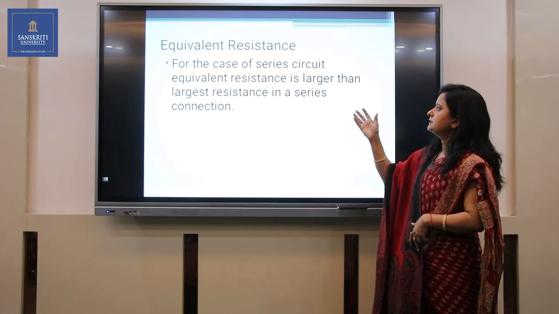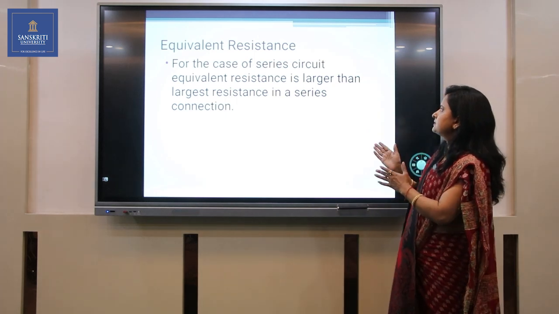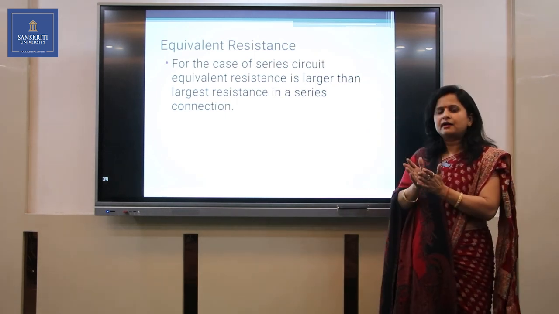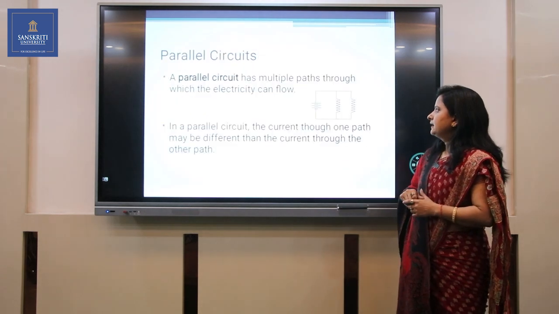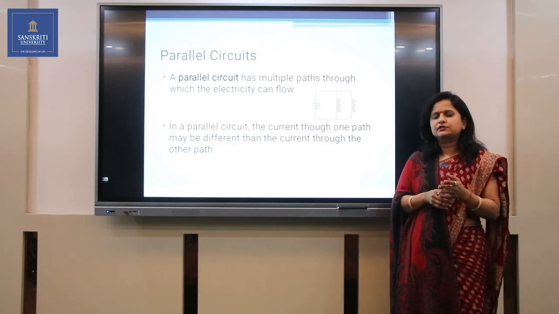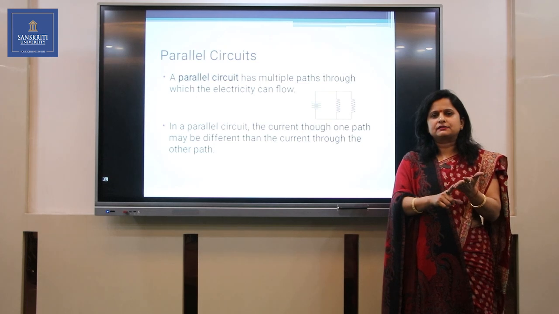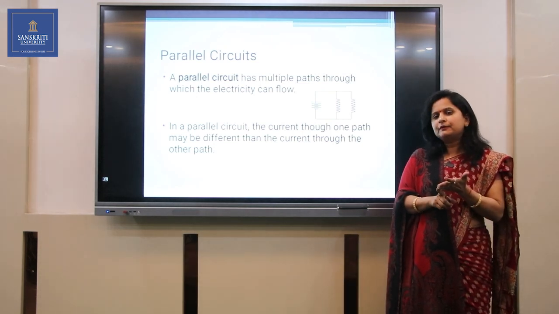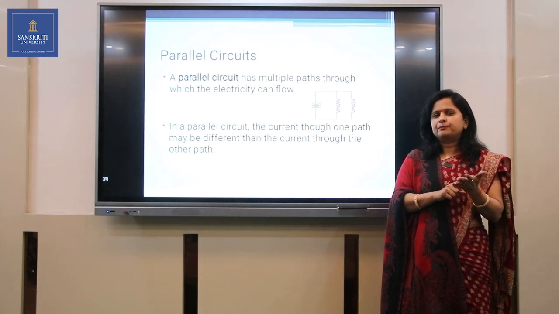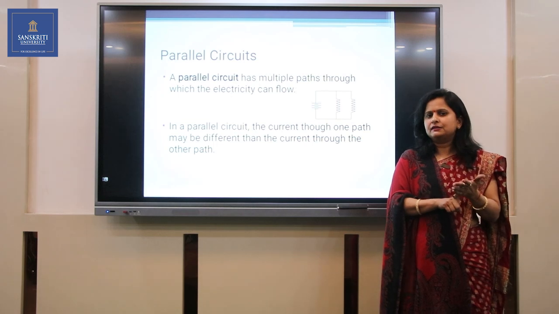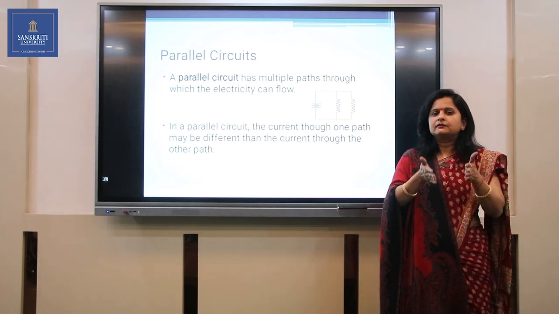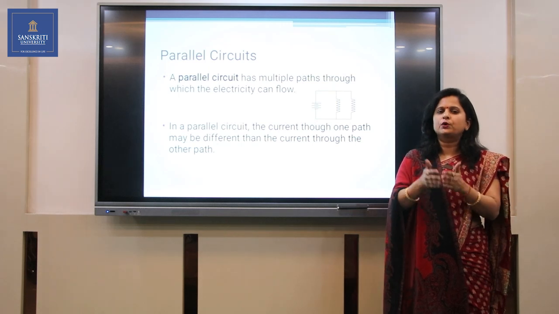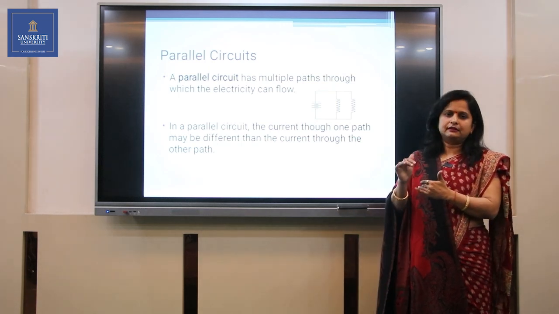In case of the series circuit, the equivalent resistance is larger than the largest value of the series resistances, right? Suppose you are having three resistors 5, 4 and 6 connected in series. What will be the equivalent resistance? 5 plus 4 plus 6 means 15 ohms. So that value is larger than the largest value, that is 6 ohm, in the series circuit, right?